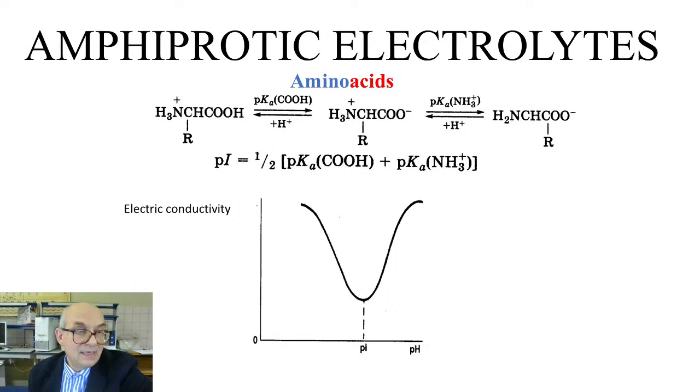I want to repeat, the total charge of the double ion is 0, and it can be denoted as the isoelectric state of the amino acid, the isoelectric state of this amphiprotic electrolyte. Isoelectric state means that the total charge on the species is 0.